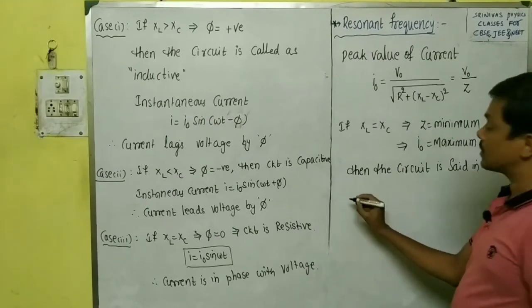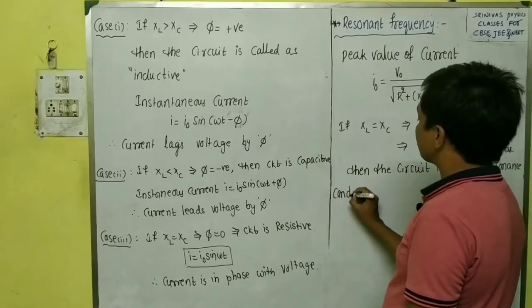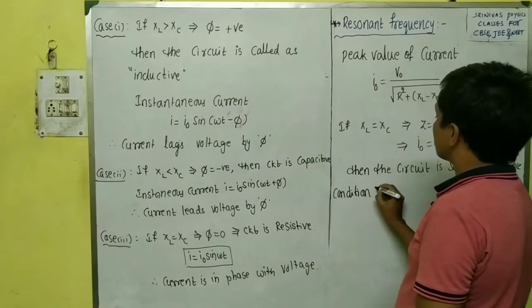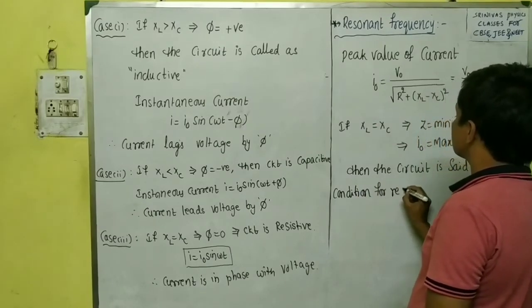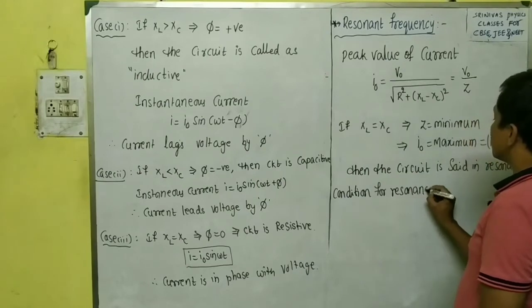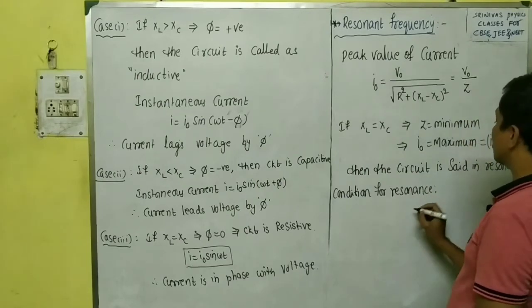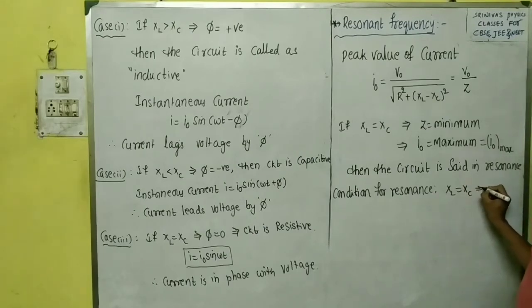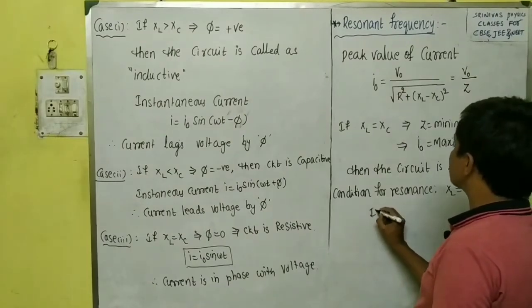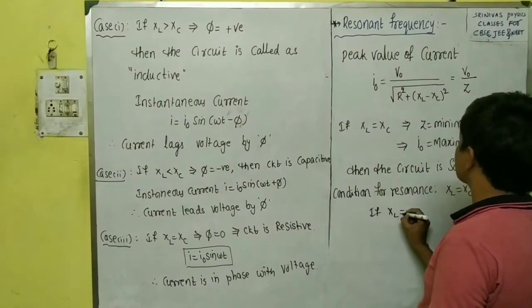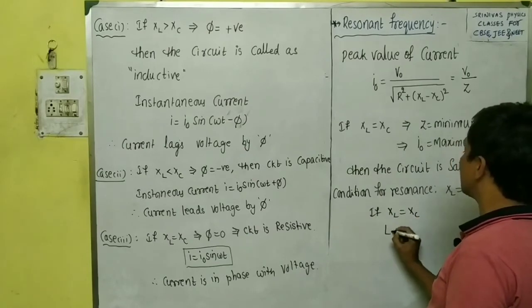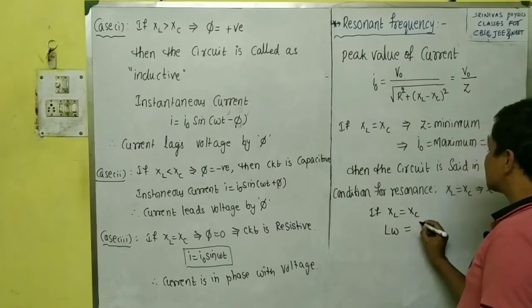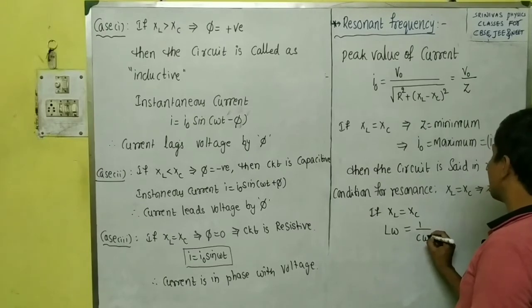What is the condition for resonance? The condition for resonance is that XL should be equal to XC, and that is, the impedance should be minimum. If XL is equal to XC, we write XL as L omega and XC as 1 by C omega.